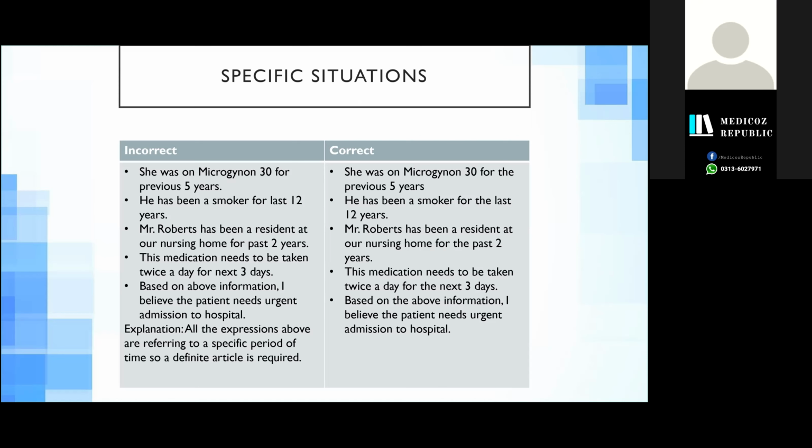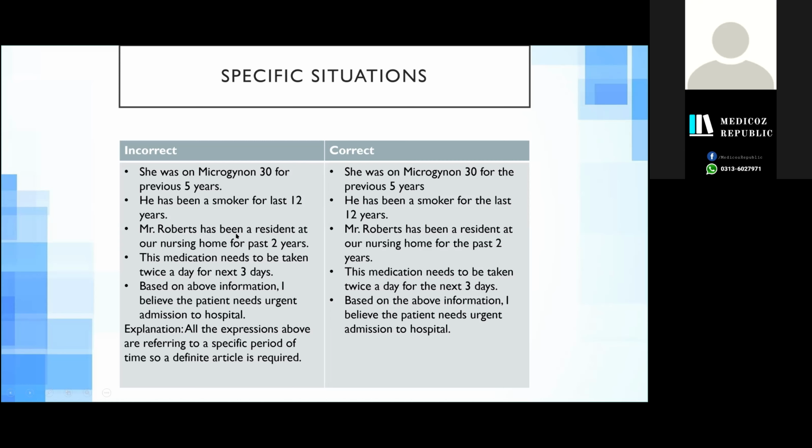For example, let's take a look at the first sentence. She was on micrognon 30 for previous 5 years. She was on micrognon 30 for the previous 5 years. The previous 5 years, this is making it very specific. Let's take a look at the third example.